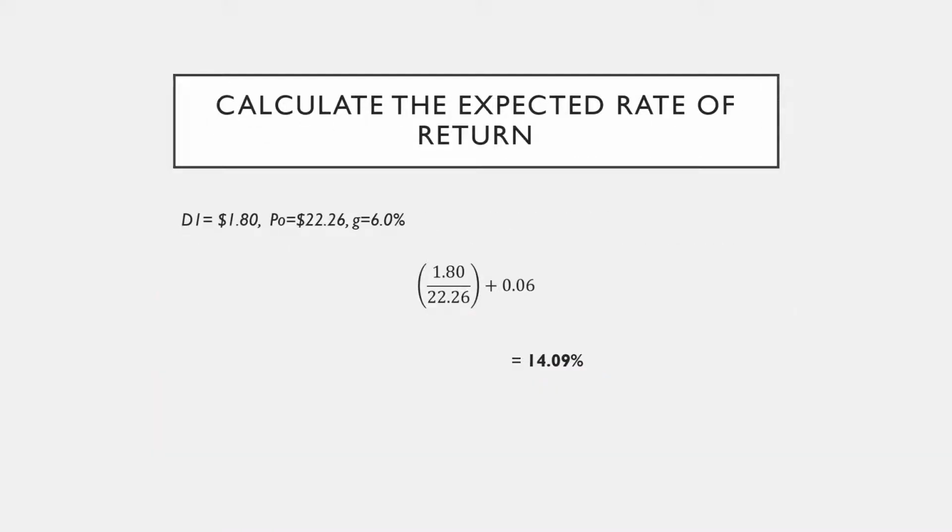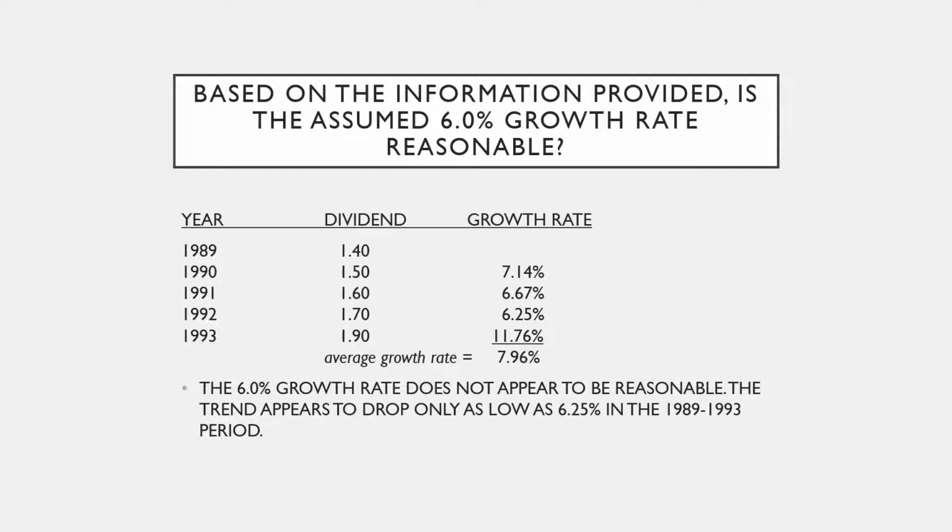Using a growth rate of 6%, stock price of $22.26, and a dividend of $1.80, the expected rate of return is calculated to be 14.09%. Based on the information provided, is the assumed 6% growth rate reasonable? From the years 1989 to 1993, we have a dividend of 1.4, 1.5, 1.6, 1.7, and 1.9 respectively.